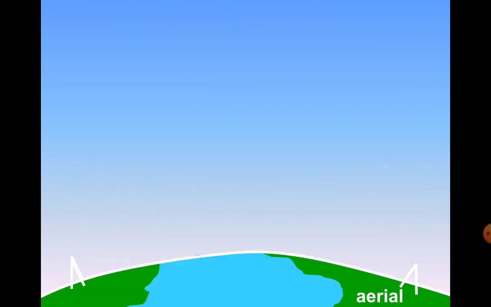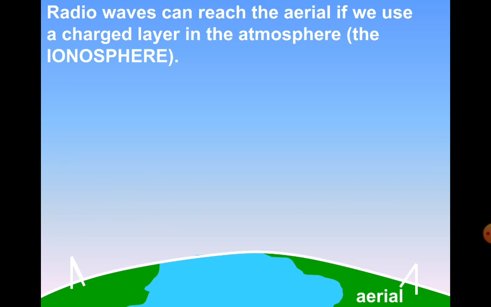We can use the ionosphere, but then we have to point our radio wave in a different way, more into the sky, and we can make use of the charged layer of the ionosphere. Because of that difference, these radio waves are reflected by this charge.